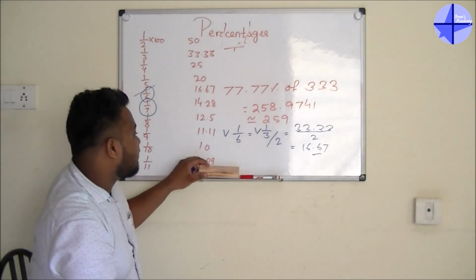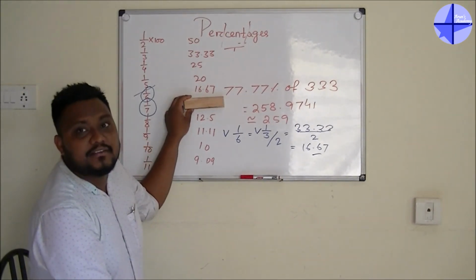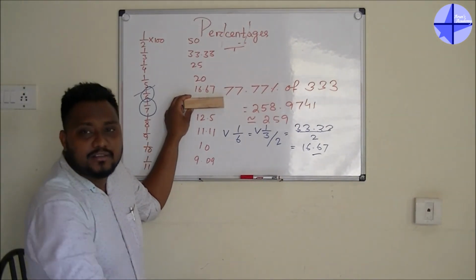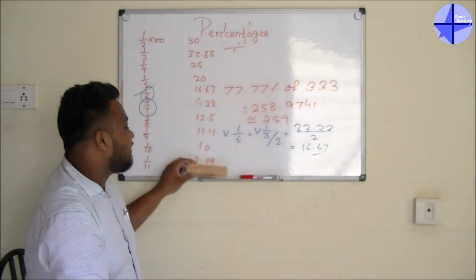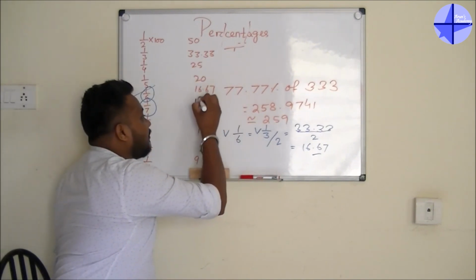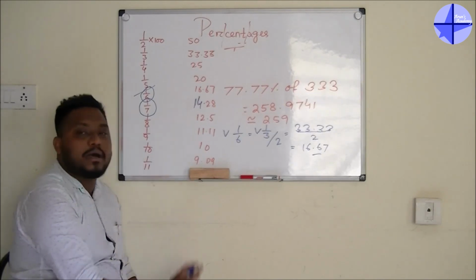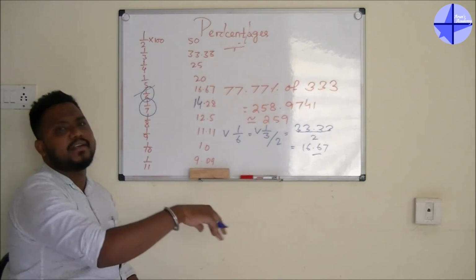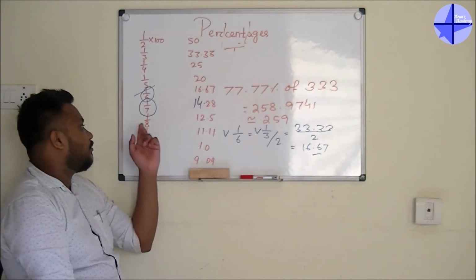Just tell me, what is 7 into 2? 14. What is 14 into 2? 28. The answer is 14.28. Just remember 7 into 2 is 14, 14 into 2 is 28, so 14.28.